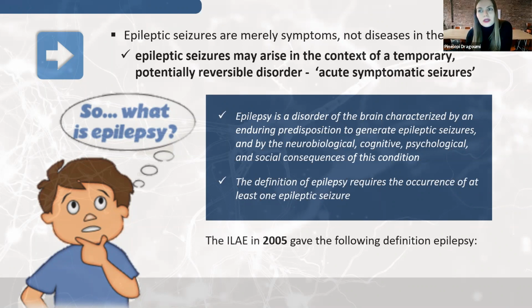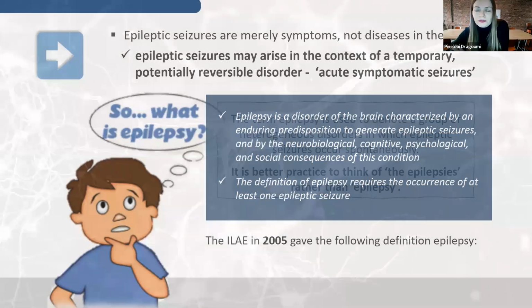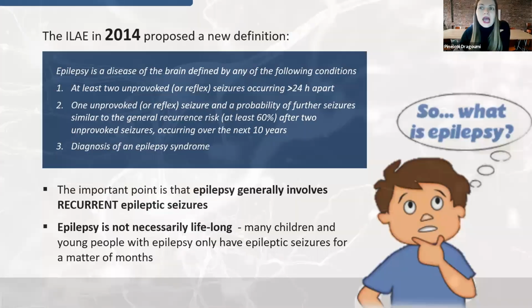And this makes us think of epilepsies in a broader way. And the definition then required the occurrence of at least one seizure. And this has been updated in 2014 with this operational definition and explains how we can make the diagnosis of epilepsy even after one epileptic seizure.